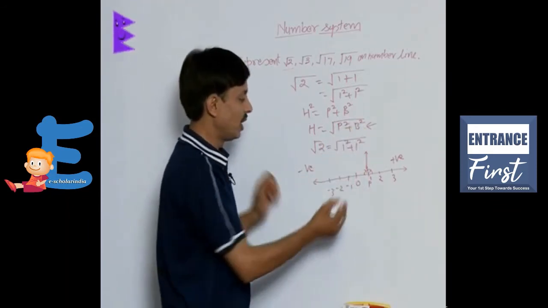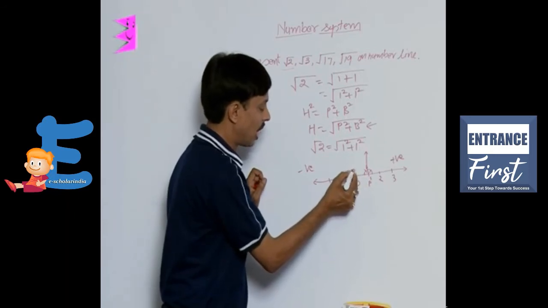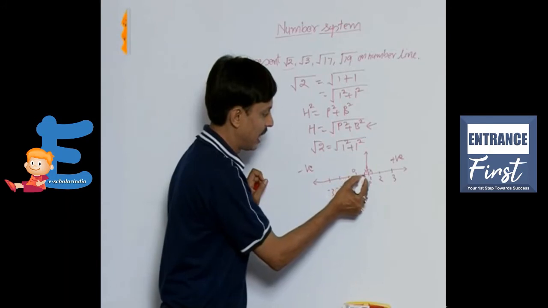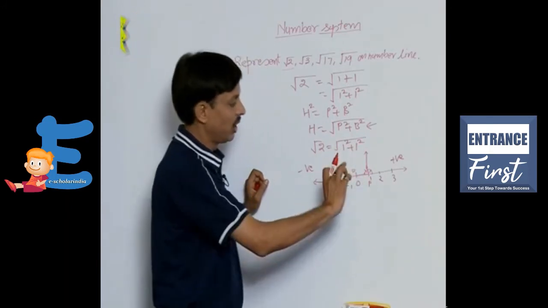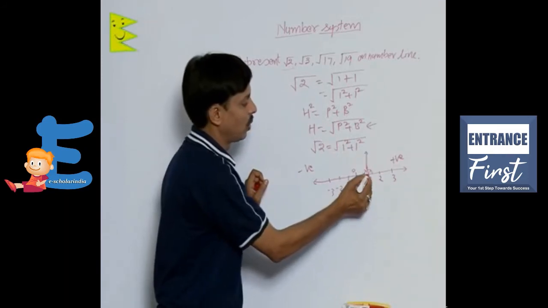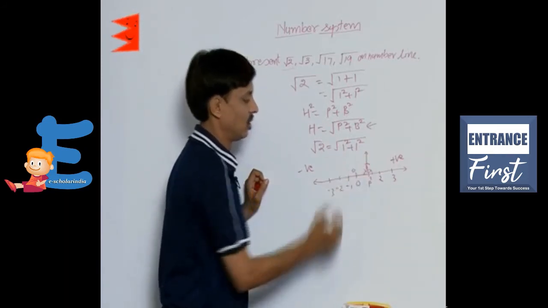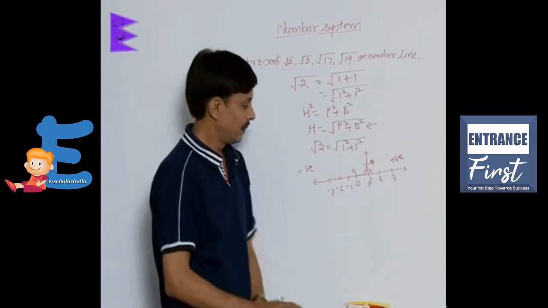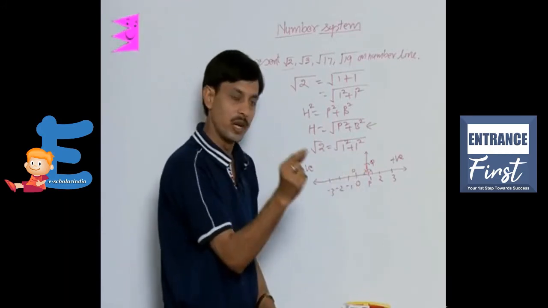What is the length of OP? I am taking the point 0 as O. You have to cut the same distance as OP on the perpendicular by taking P as center, like this. Suppose this is the point Q. I am repeating what I did. O is the center, and OP is the distance of 1 unit.